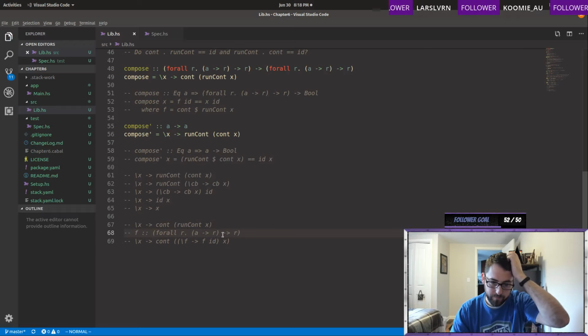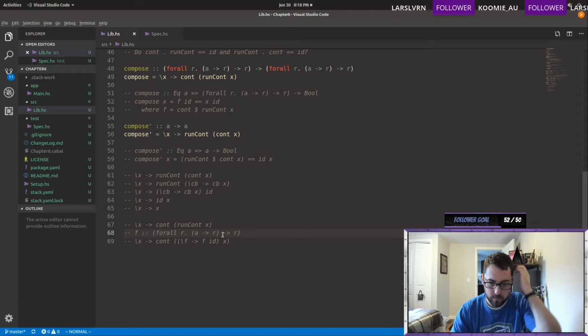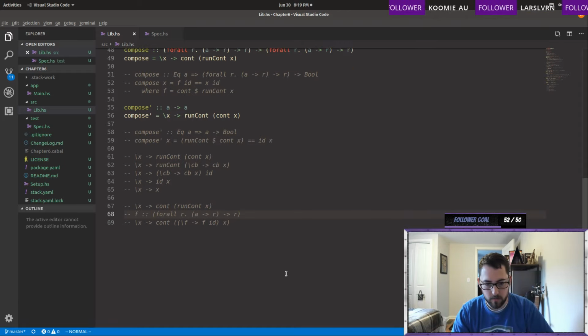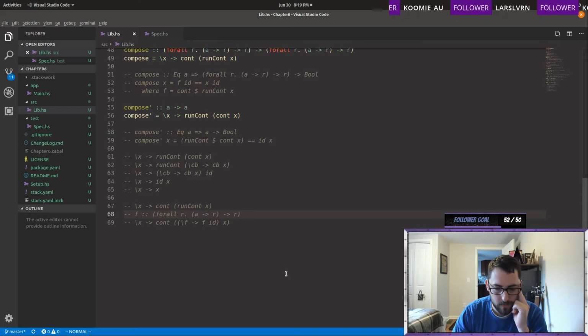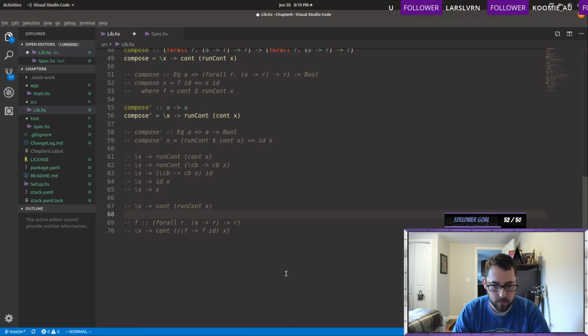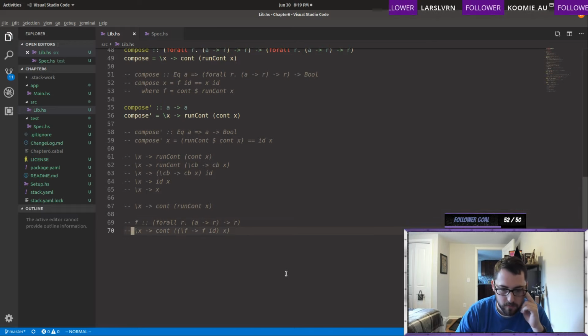Right? So if we apply this to id, don't we just get an A? What is this X for?